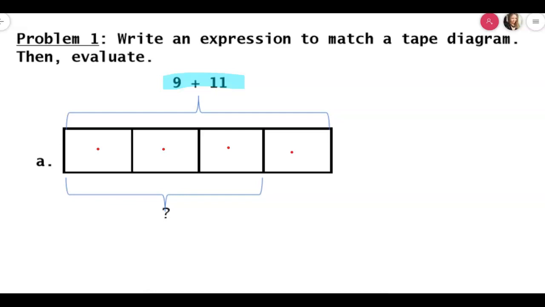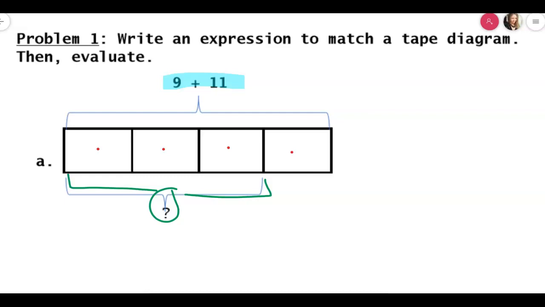That's fourths. How many fourths are we trying to find? 3/4. So this tape diagram is showing 3/4 of the sum of 9 and 11.